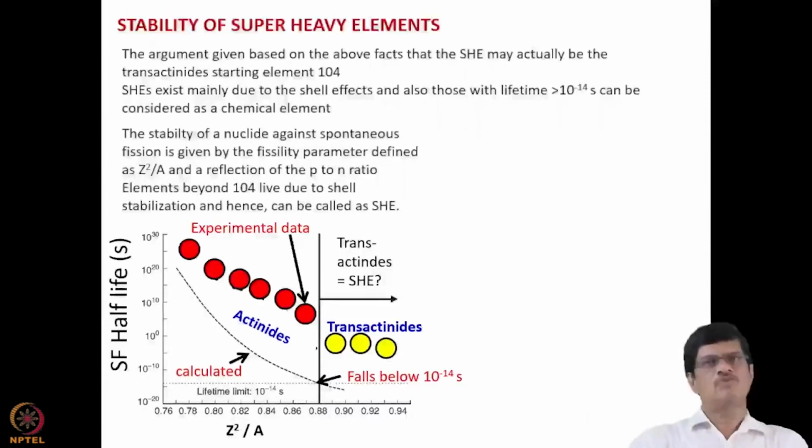So the rutherfordium can be considered as one of the super heavy elements. It starts from rutherfordium, and most of the transactinides can be called super heavy elements. Now from the nuclear physics point of view, the super heavy elements exist mostly because of the shell effects.